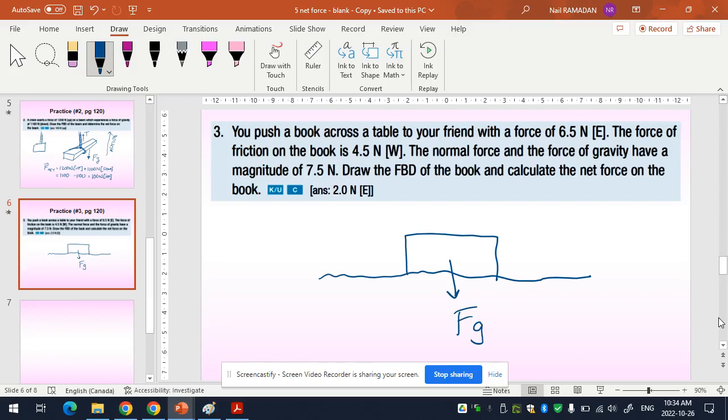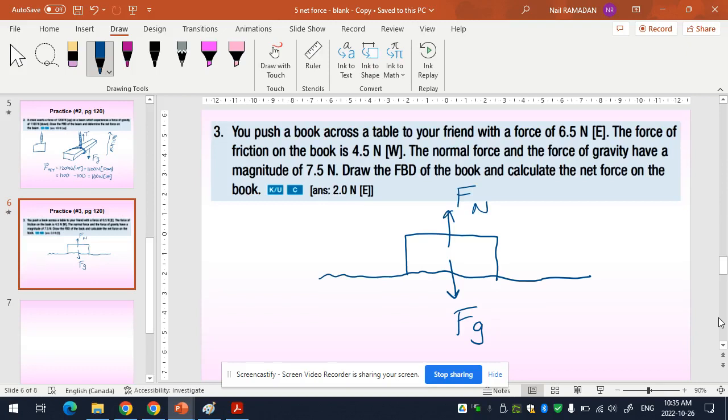Could you skip FG for the actual magnitudes? You could, like, instead of saying FG, you could say 7.5 newtons. You could, but please get used to always using symbols on diagrams and numbers in the equation. Okay, so FG.